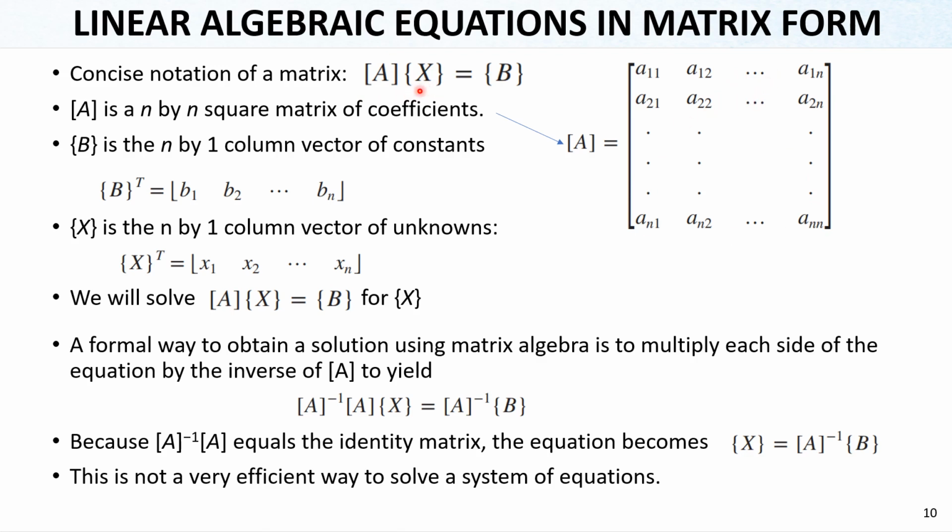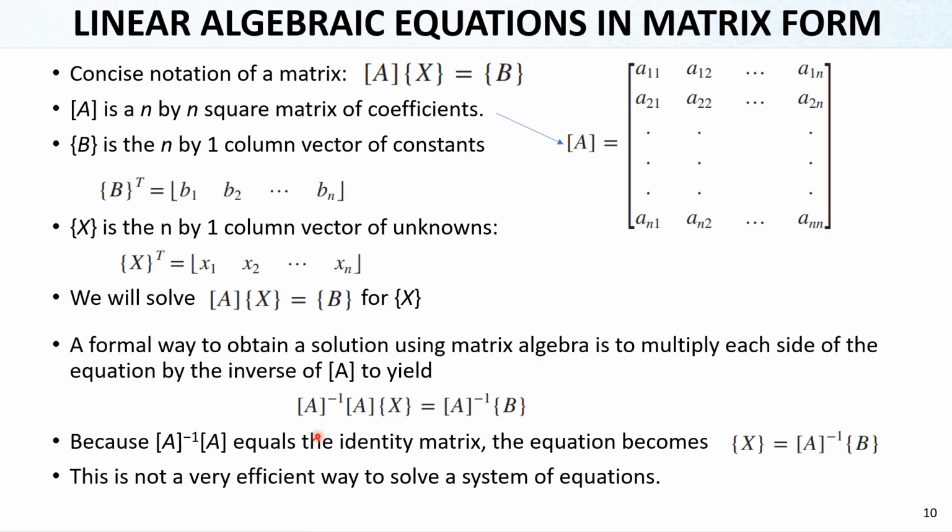An X vector, you can see here, and a B vector, you can see here. So this is an n by 1 column vector, but with transpose we can show it as a row vector. Same as X, this is an n by 1 column vector, but we can show it by transpose as a row vector. And we want to solve this for the unknowns X. X's are unknowns.